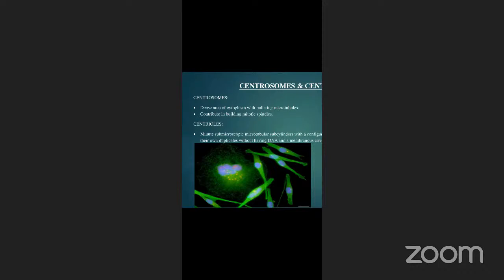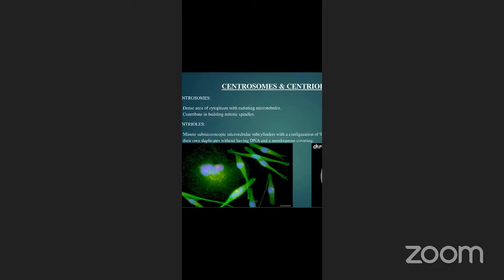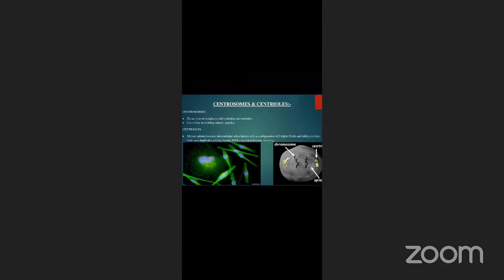That means whenever cell division happens, the mitotic spindles are formed, which pull the chromosomes towards the poles. So the mitotic spindles are mainly built by the centrosomes. Then centrioles are submicroscopic microtubular cylinder-like structures with 9 triplet fibrils.